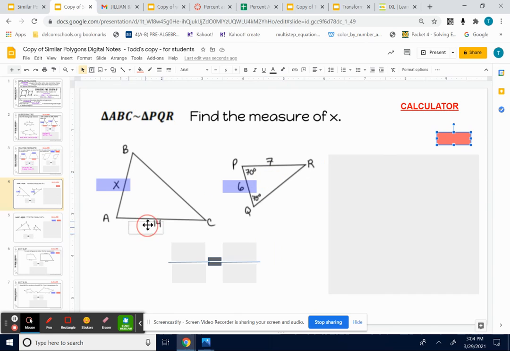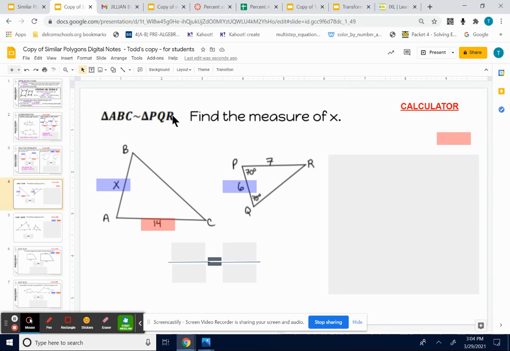Okay, 14, if I wasn't sure, 14 joins A and C together. Look up here. Look where A and C are. A and C is the first letter and the third letter. So AC is going to correspond to the first letter and the third letter over here, PR.